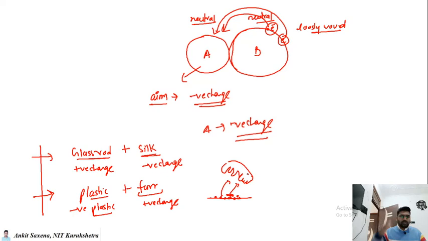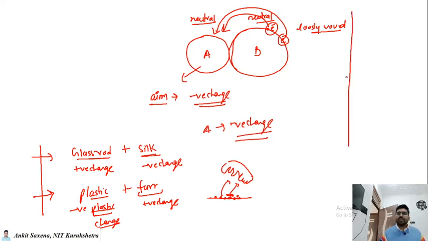When we rub the comb with our hair, the comb is made of plastic, so it will get the negative charge, and the small pieces of paper are neutral, so they get attracted. This is a daily life experiment, you can observe that. Whenever we rub the glass rod with silk, the glass rod gets the positive charge and the silk gets the negative charge. So this is the complete procedure of how the charging of a body takes place.